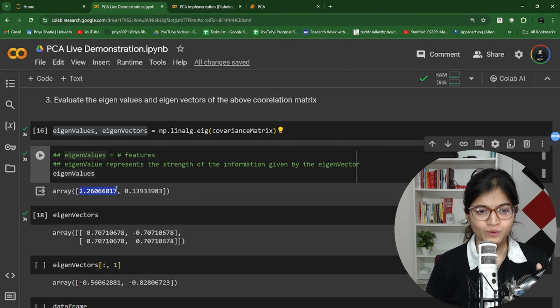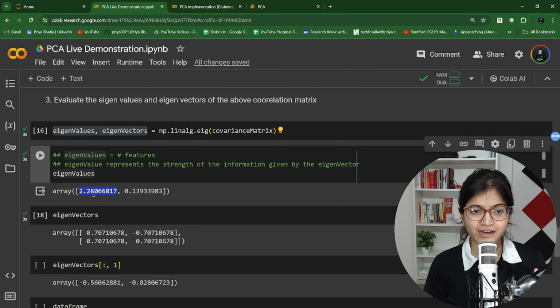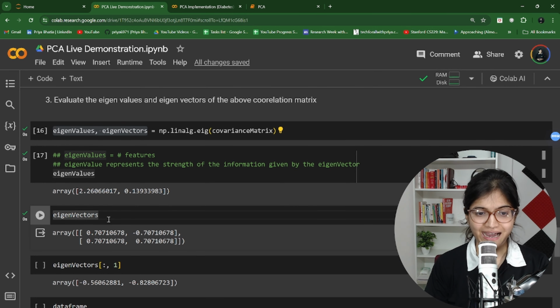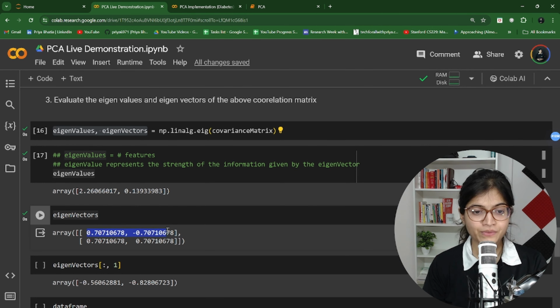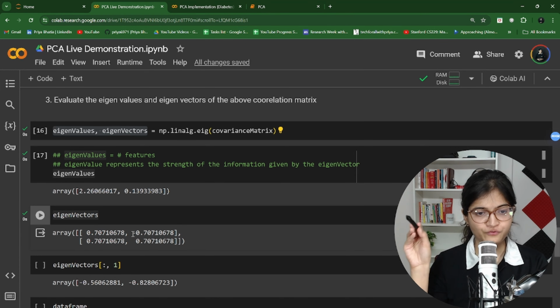For example, let me show you what I'm trying to convey here. You can see here, the highest eigenvalue is the 0th value, 2.2606017, right? So these are the eigenvectors which I have. Either I will take the 0th row or the 0th column, or the first column.